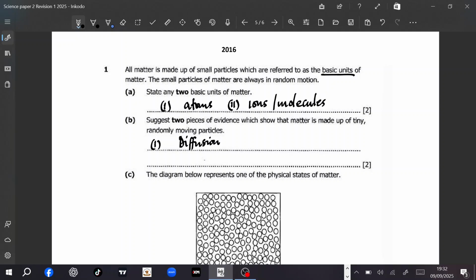Because the scent moved from the clothes of that person to the nose. So there was that movement. Now, because you could not see the perfume, it means it is in particles and it is smaller. Another one is also Brownian motion. So diffusion is in support for what? For movement.